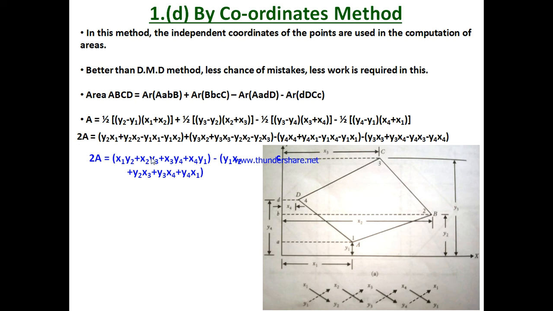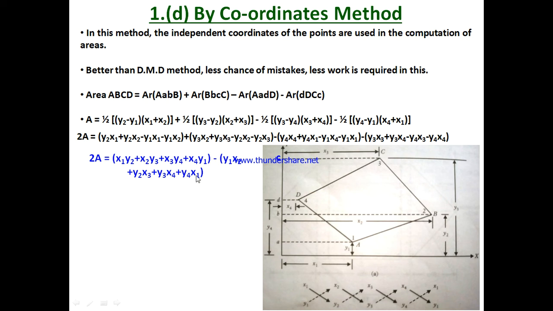So in this manner, in order to remember, or to make it simple, we can just write all the values of coordinates in this manner, and with the help of a dotted and solid line we can determine the value of area in terms of this coordinate system.